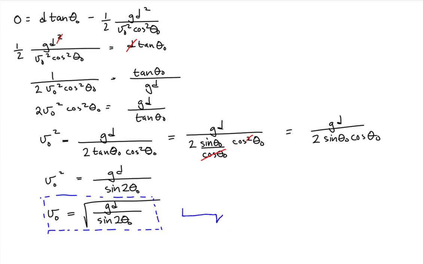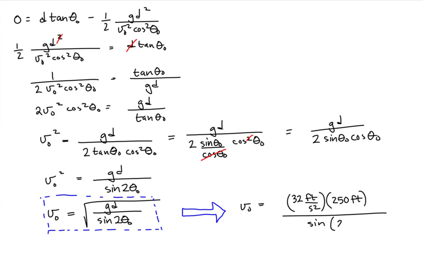Let's go ahead and do a unit check while we plug in the numbers. So we get, well, g is 32 feet per second squared. The distance is 250 feet divided by the sine of 2 times 45 degrees. And this is all underneath the square root. Well, 2 times 45 degrees is 90 degrees.